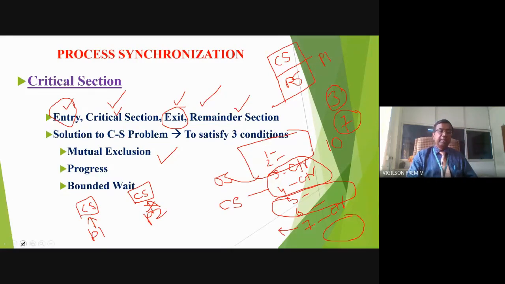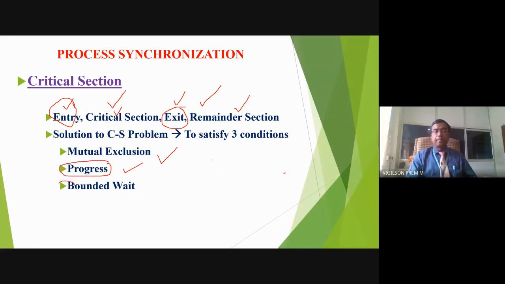The second condition is progress. Suppose P1 wants the critical section, P2 wants the critical section, P3 wants the critical section, but at the same time P3 is working in the remainder section.